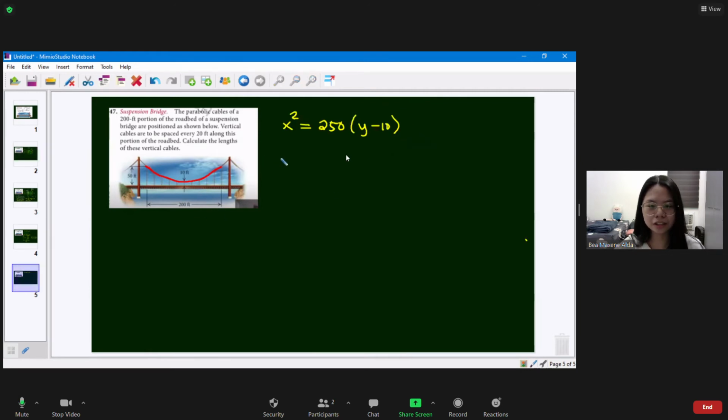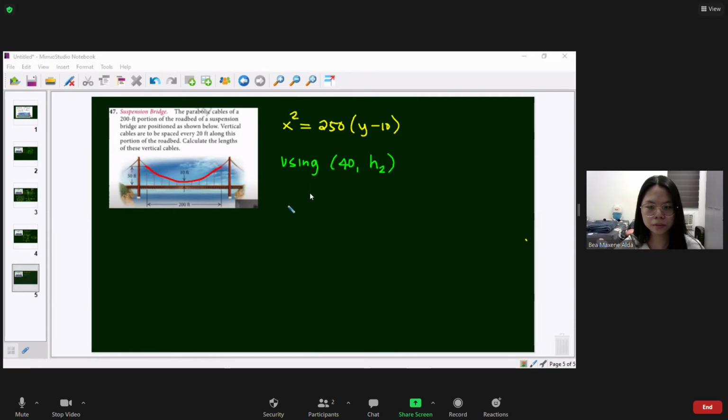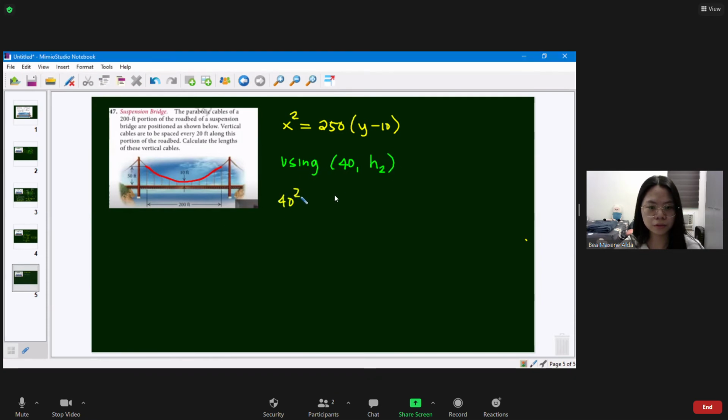And balik na tayo. Using the coordinates, we plug that in. That would be 40 squared is equal to 250 times the quantity of y minus 10, right? So same thing, we divide the equation by 250. Cancel, and then there we go.